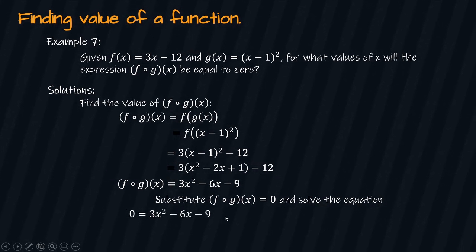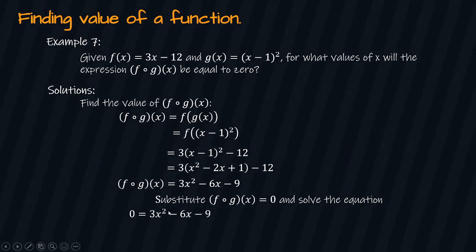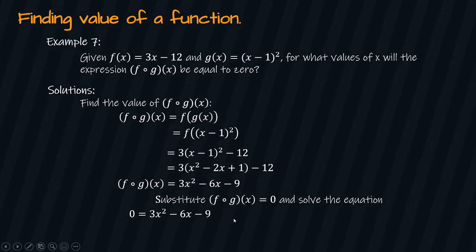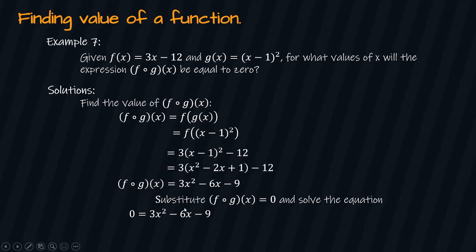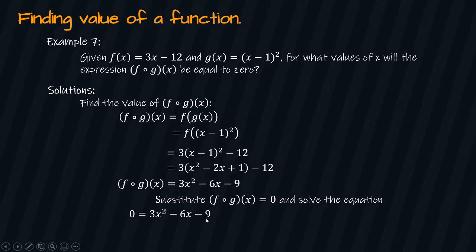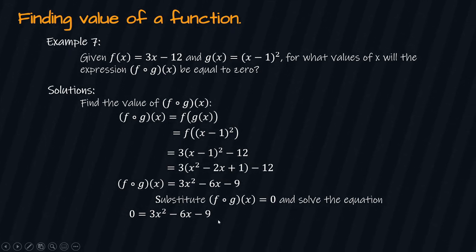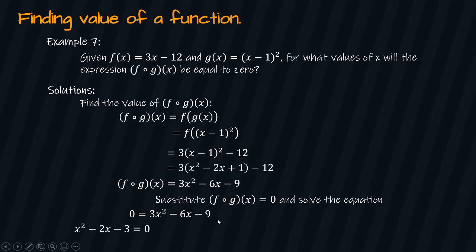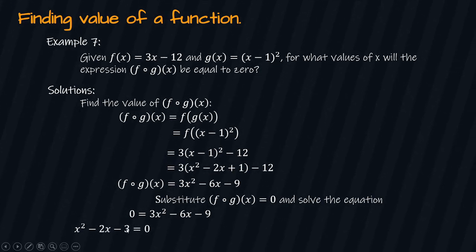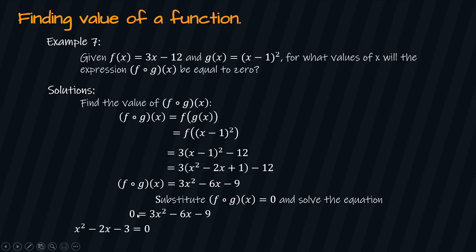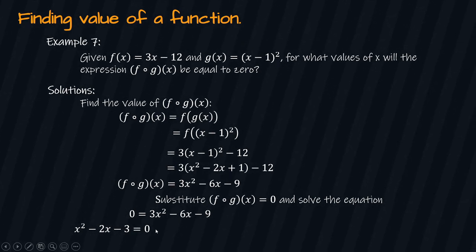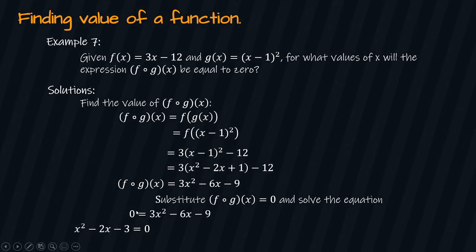Note that we can factor out the value of 3 in this expression. Factoring out 3, we have x squared minus 2x minus 3. Okay? So that equates to x squared minus 2x minus 3. Note that the factor 3 was gone when we cross multiply it to 0.